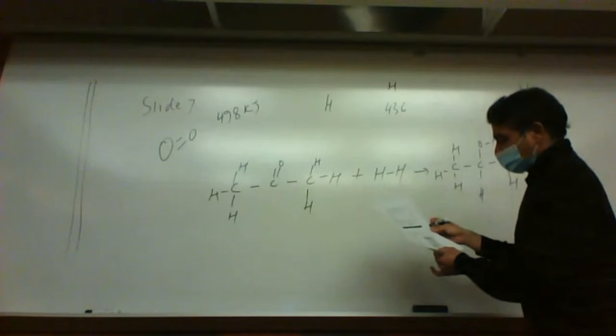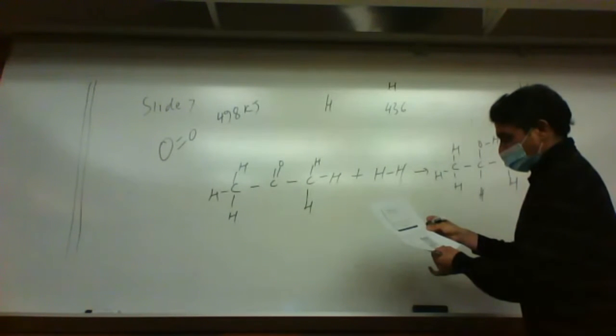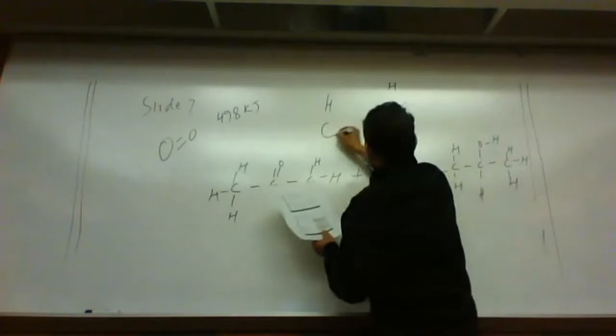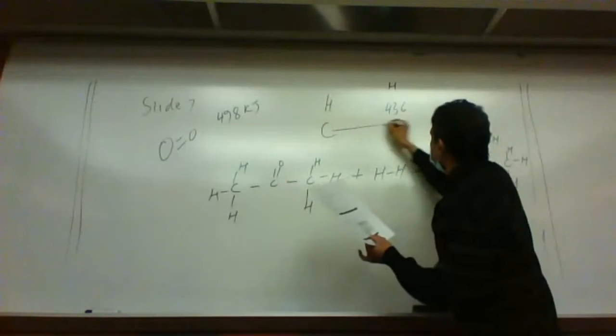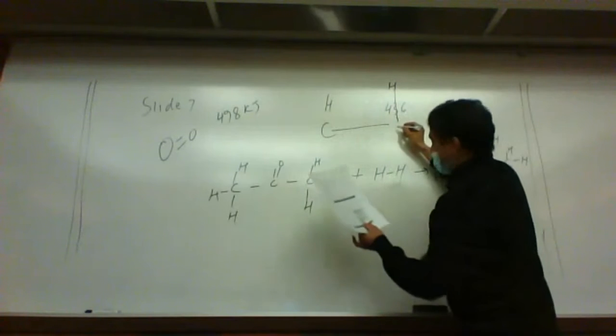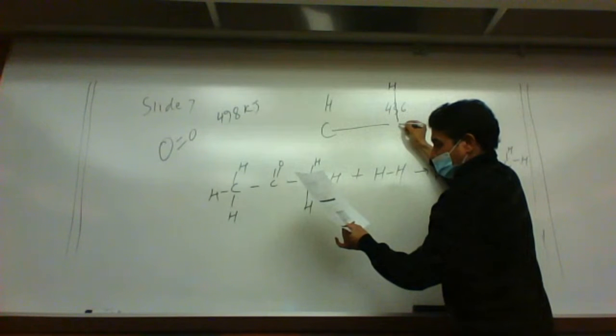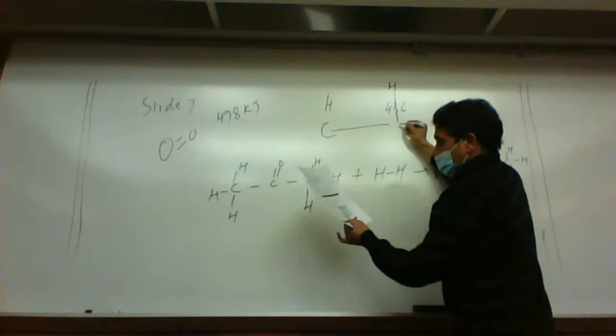Now CH. Now look at the CH. So CH would be 413. So C is here, H is here. So go like this one, down this one. Where is the H? H is the first line. Where is the C? C is in the first, 413.